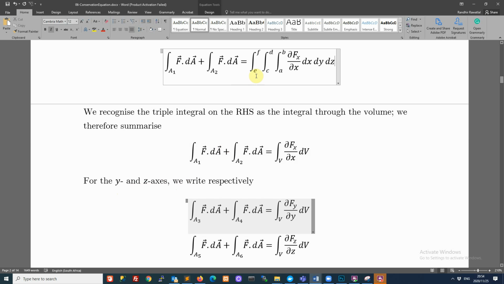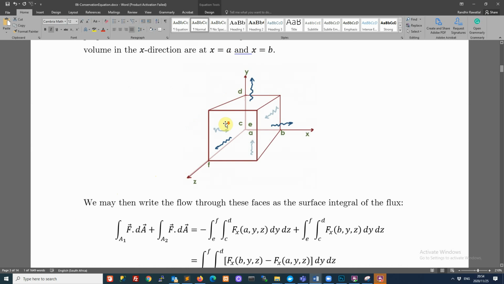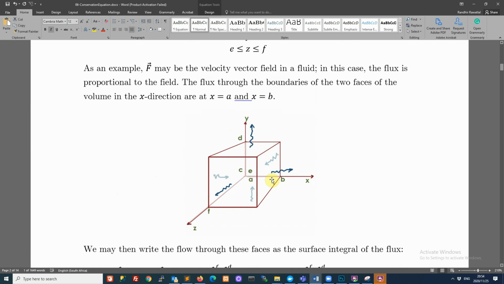And of course, you can perform the exact same operation for the other dimensions as well, for y and for z. And so you can show the integral over surfaces A3 and A4. If you look in the y direction, surface 3 is at the base here, and surface 4 is at the top here.